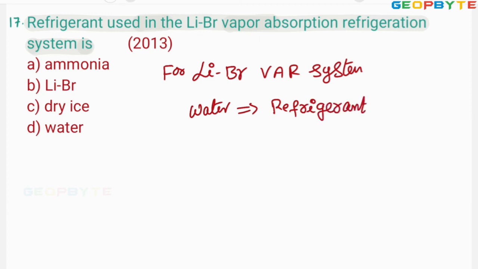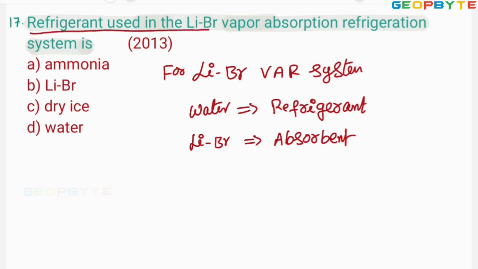Lithium bromide is used as absorbent. So the refrigerant used in lithium bromide VAR system is water. Therefore option D is absolutely correct. Let's go for the next problem.